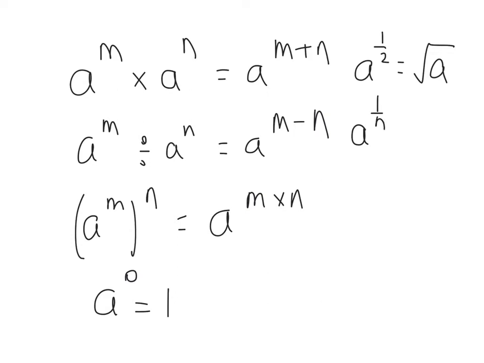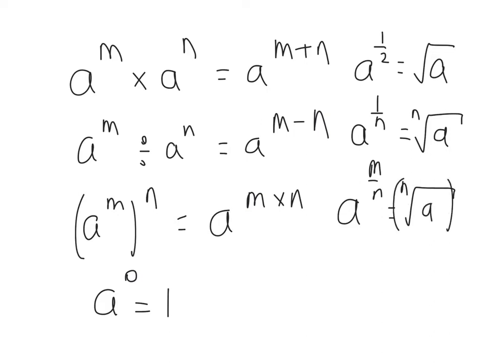A to the 1 over n is equal to the nth root of a. A to the power m over n is equal to the nth root of a to the power m. A to the minus n is equal to 1 over a to the power n.